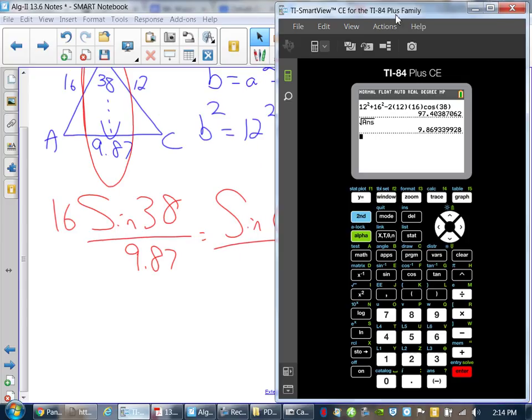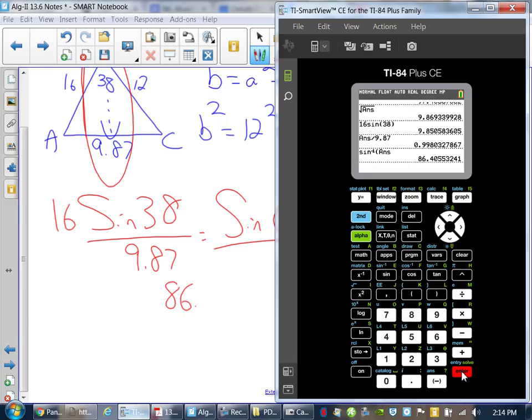So if I type that in, 16 sine 38 divided by 9.87, I get 0.998 and change for the sine value of C, which means I hit my second sine of my answer, and I get 86.41. That's my angle here for C, 86.41.